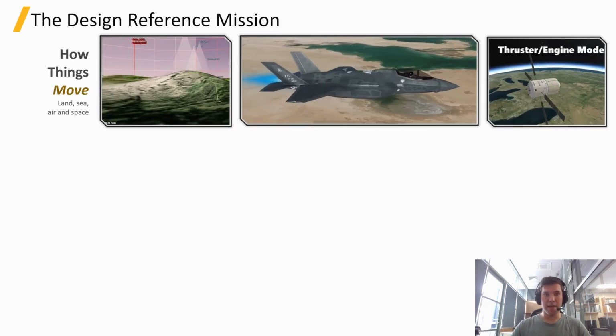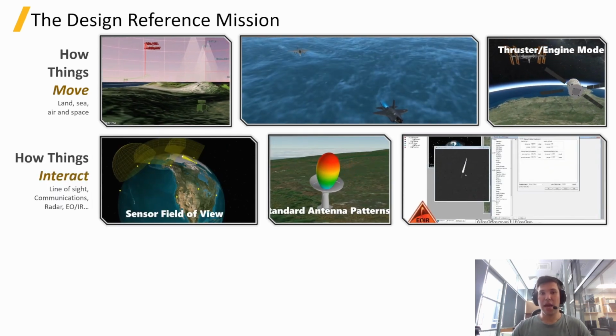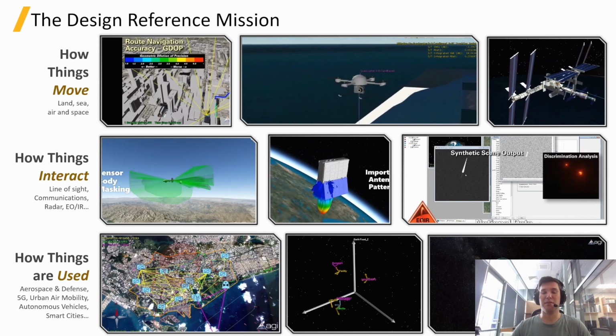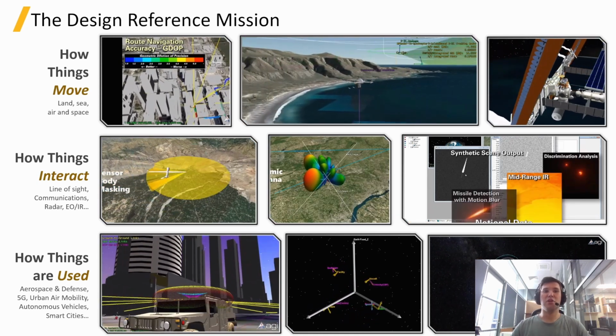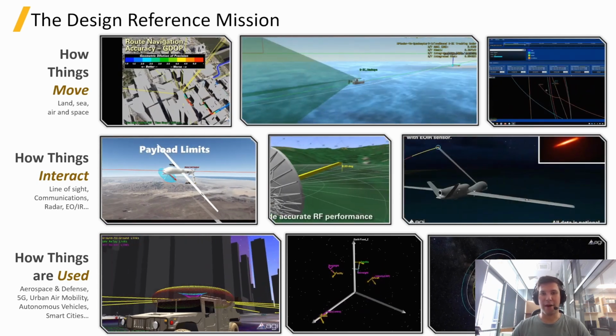This can often be thought of through three main guises, namely how things move, how things interact, and ultimately how these things are going to be used to achieve a particular mission or goal. Now, crucially, each of these three steps needs to occur in a physics-accurate representation of real-world operating environments.